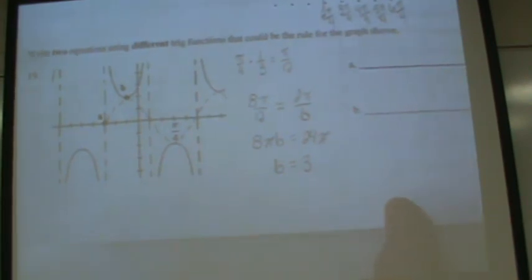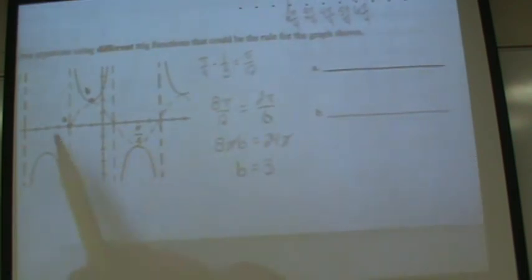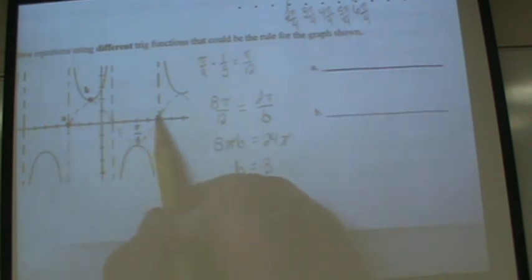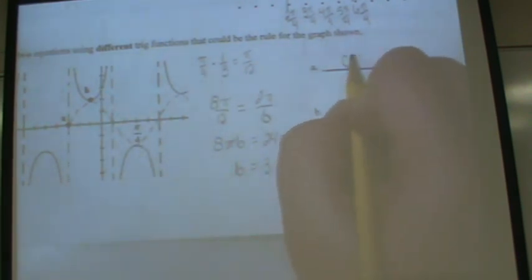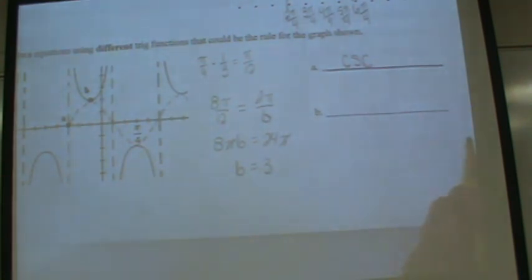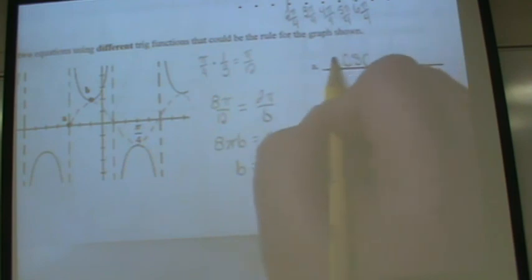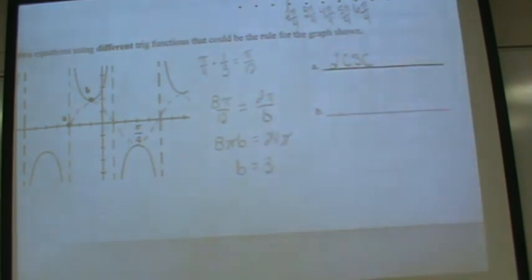Now with all this information, we're going to write our equations. A is this point here. If we started at this point, looking at our curve that we drew in, that would be a sine function. So the reciprocal of the sine function is cosecant. So A is going to be a cosecant. Our amplitude change, we're going up 2, so we have that vertical stretch of 2.